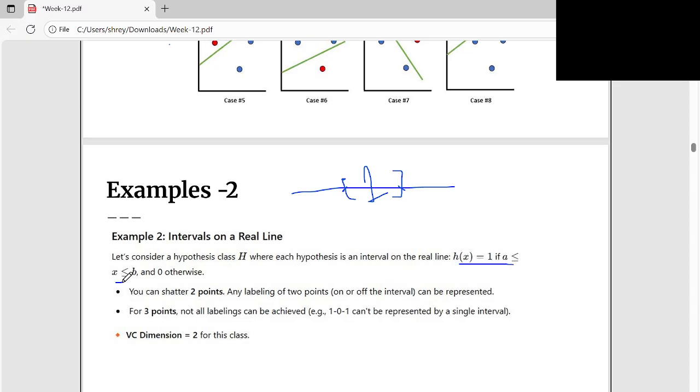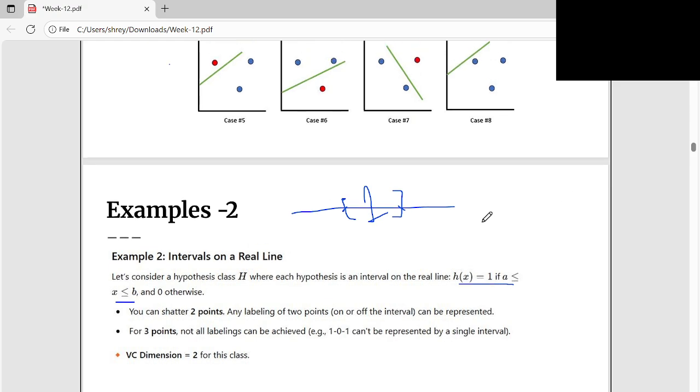So the interval is on the real line. If only a single point is there, it will be either 1 or 0, right? If it is 1, then it should be inside the bracket. If it is 0, then it should be outside the bracket. So 1 point can be shattered by this type of class, no problem. For 2 points it is also easy.